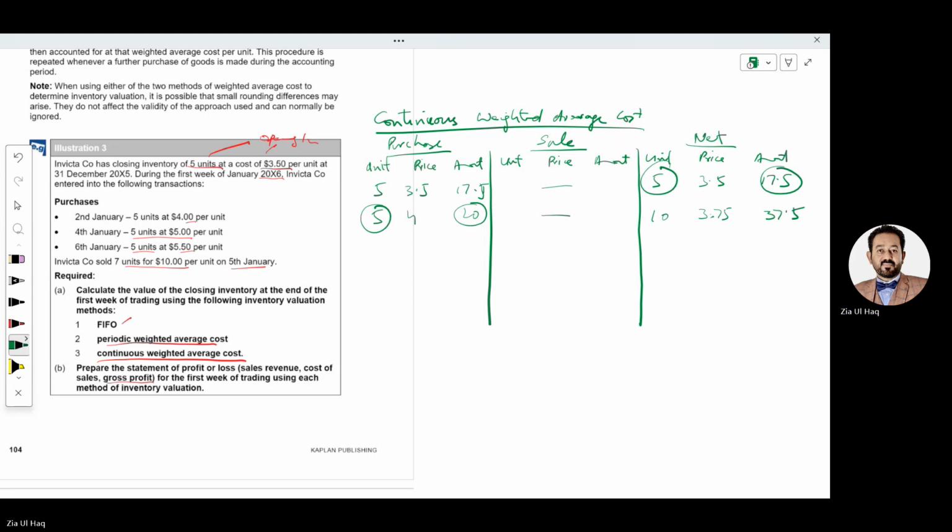Is that fine? Next, what did you do? Bought or sold? Bought 5 units at the rate of 5, 25, there is no sale. Now this total 37.5 plus 25, how much is that? 62.5. And 10 plus 5, 15. What is the average price?